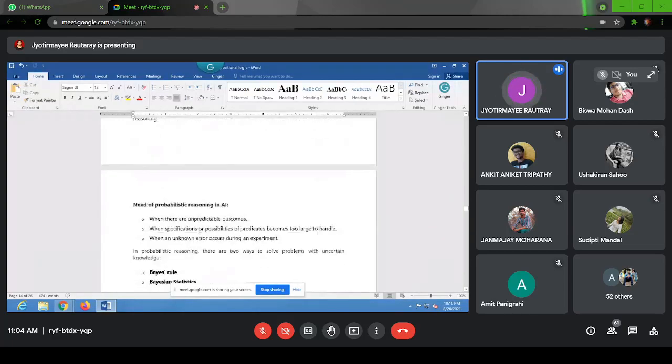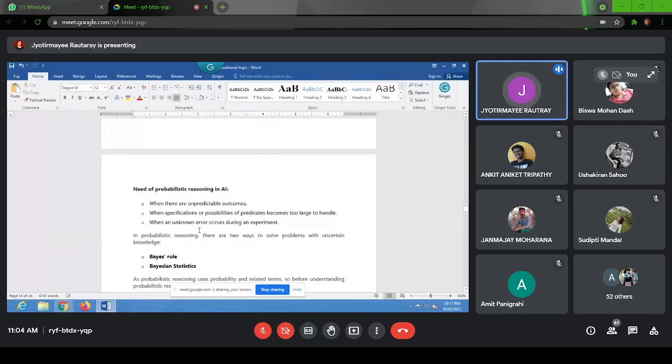What is the need of probability? It is needed when there are unpredictable outcomes, when specifications or possibilities or predicates become too large, or when an unknown error occurs during an experiment.